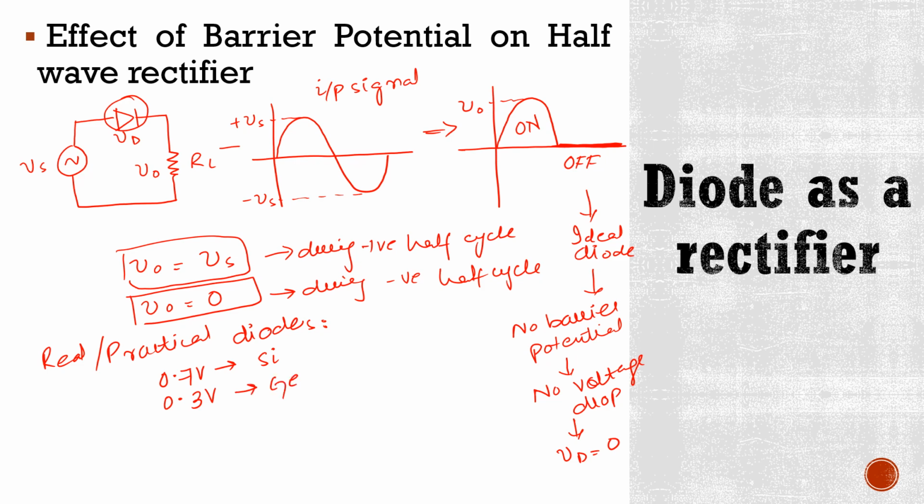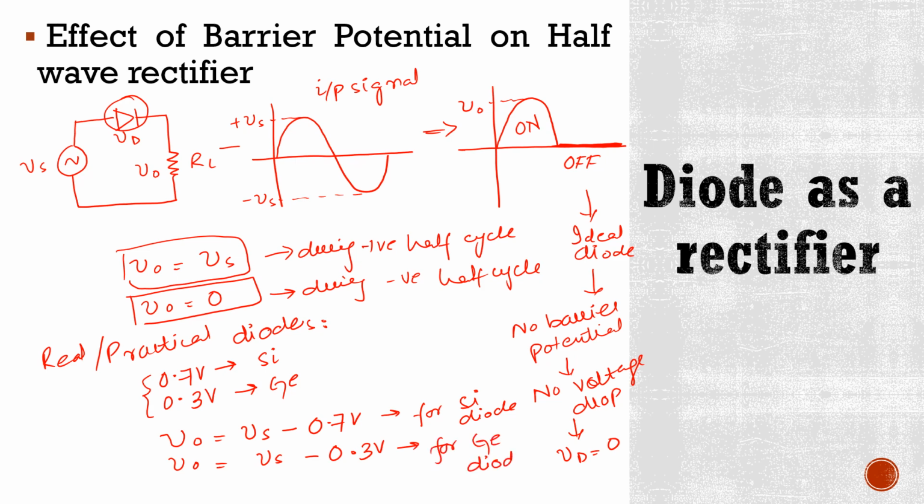So in case of these real or practical diodes, during the positive half cycle of the input, the output will become Vs minus 0.7 volts for silicon diodes, and this output will be Vs minus 0.3 volts for germanium diodes.